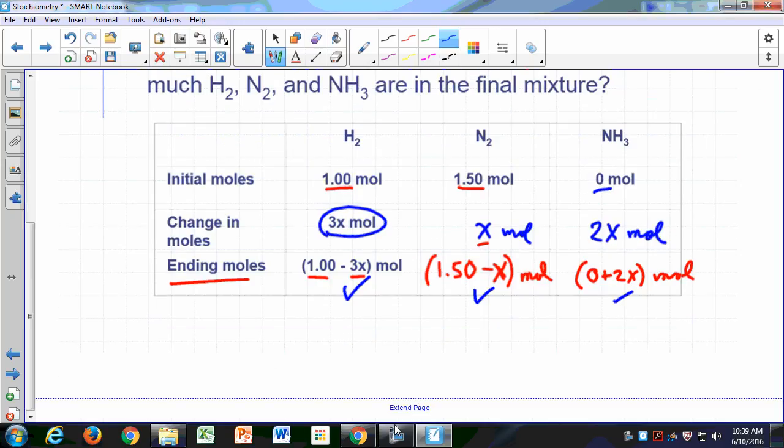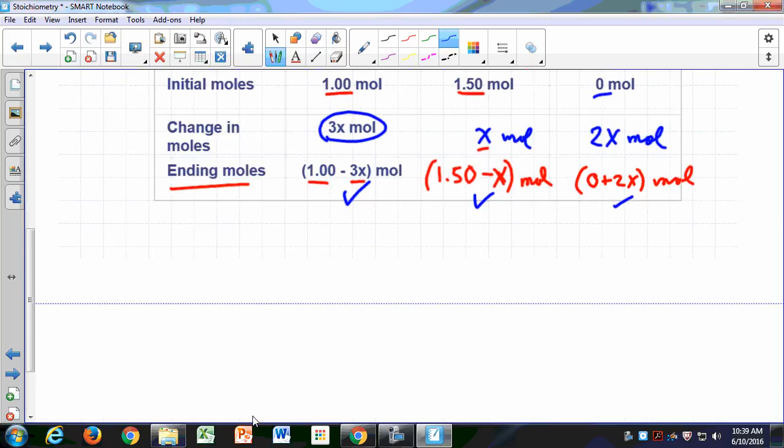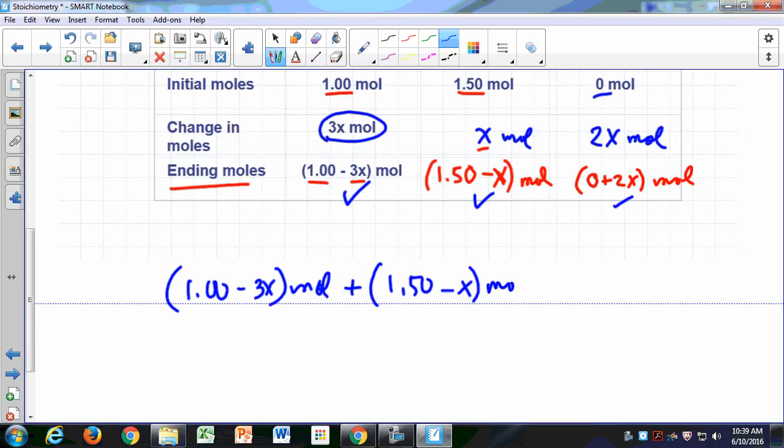So moles of H2, which is 1.00 minus 3x moles, plus moles of N2, which is 1.50 minus x moles, plus 0 plus 2x moles of NH3. All of that should add up to 2.30 moles. Those are your gases, N2, H2, and NH3.